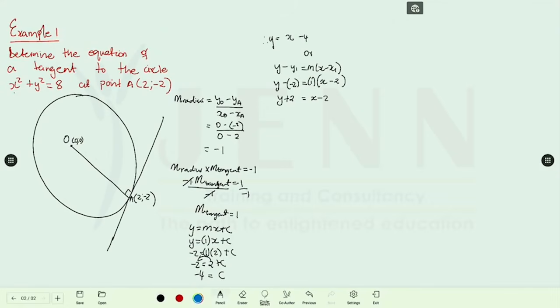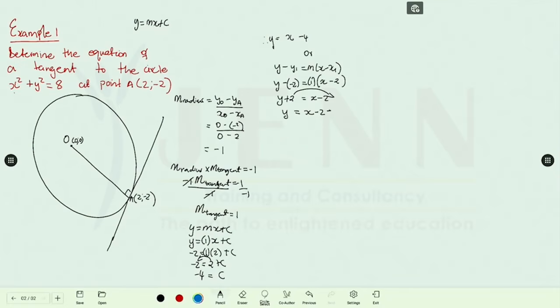Then our equation, we know it must be in the form of y equals mx plus c, meaning y should be the subject of the formula. y should be the subject of the formula. So these two disturb us. What are we going to do? Take 2 and transpose it to the other side. Then y will equal x minus 2. Your 2 on the left was positive.